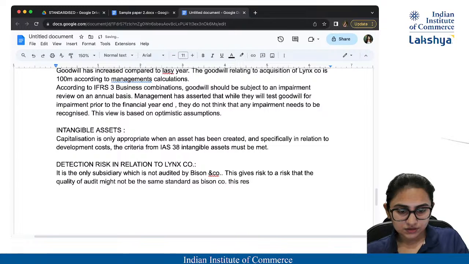This results in increased detection risk at the group level.